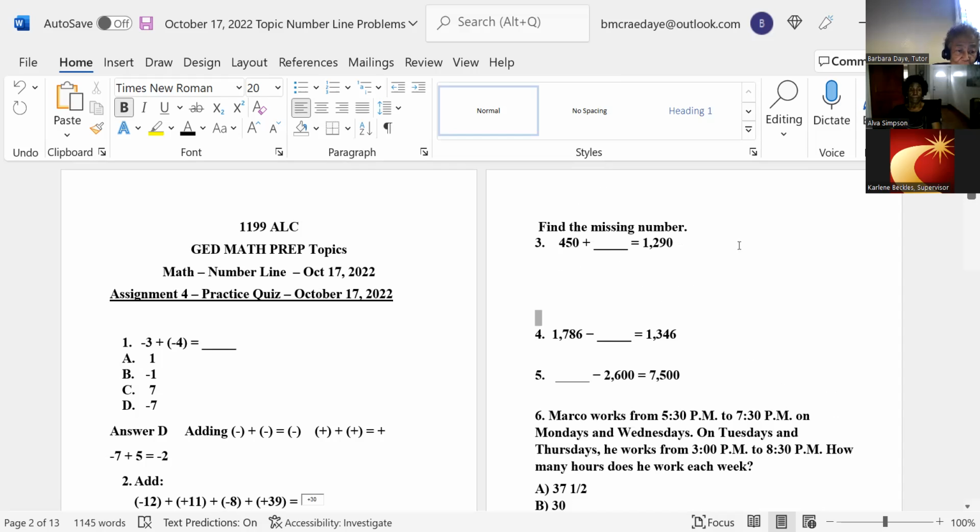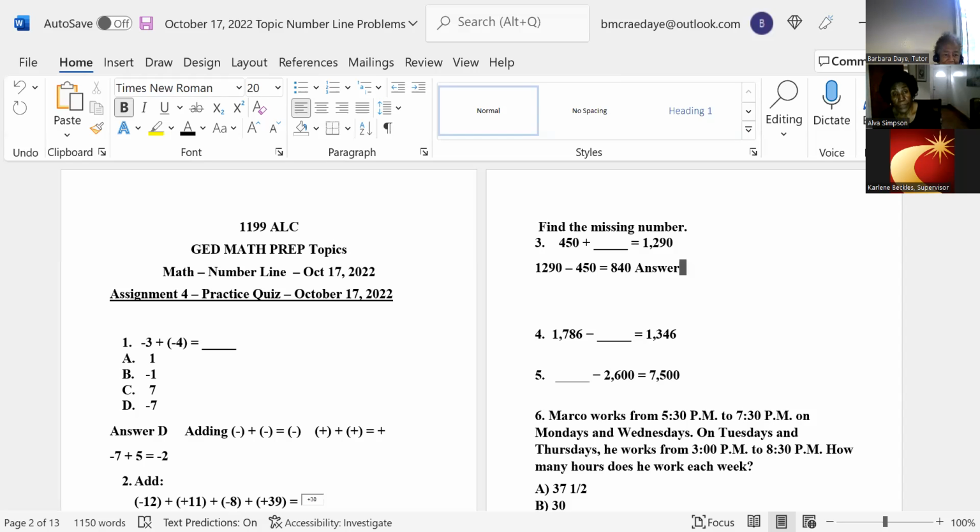That's it, because whatever adds to that is whatever is subtracted from 1290. So do that. 1290 minus 450, and what is that equal to? 840. Okay, that's your answer.